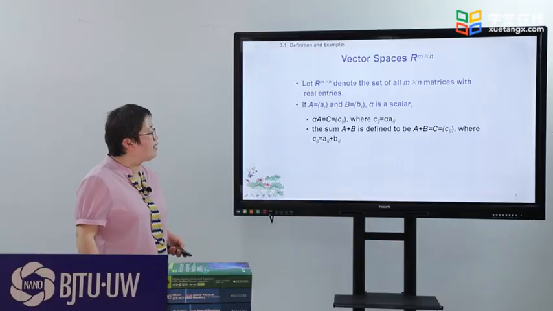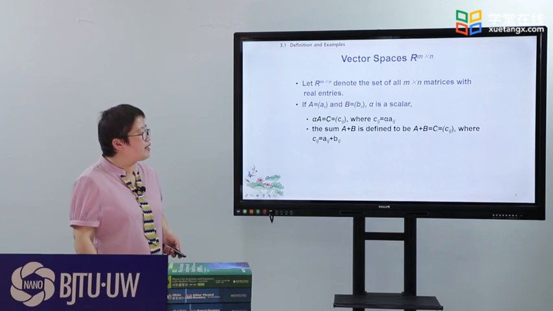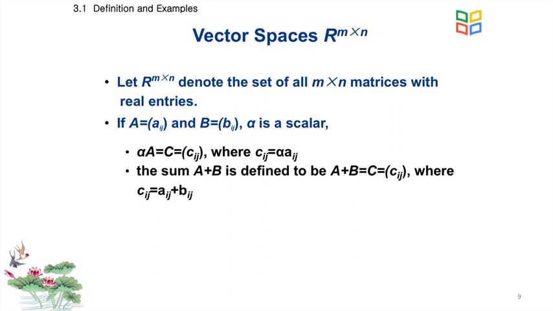And the sum A plus B is defined to be the new matrix C with representative entry c_ij, where c_ij equals a_ij plus b_ij. So you do the summation of corresponding entries in A and B.